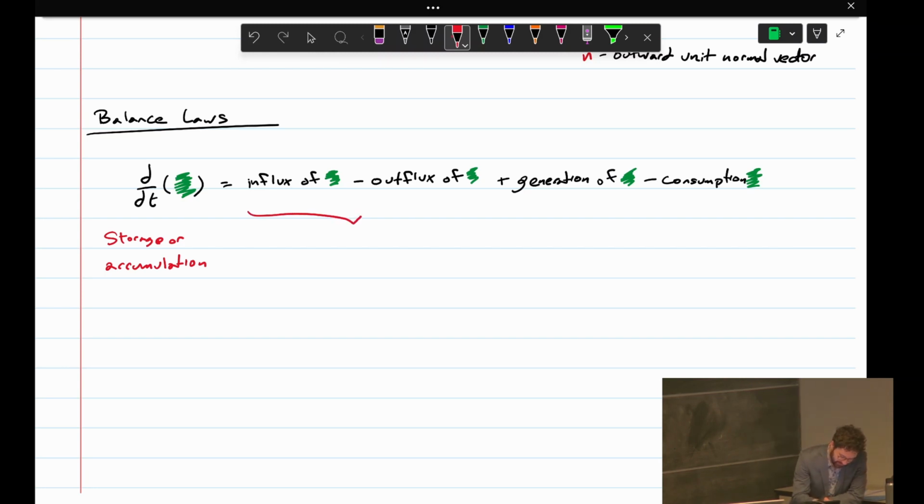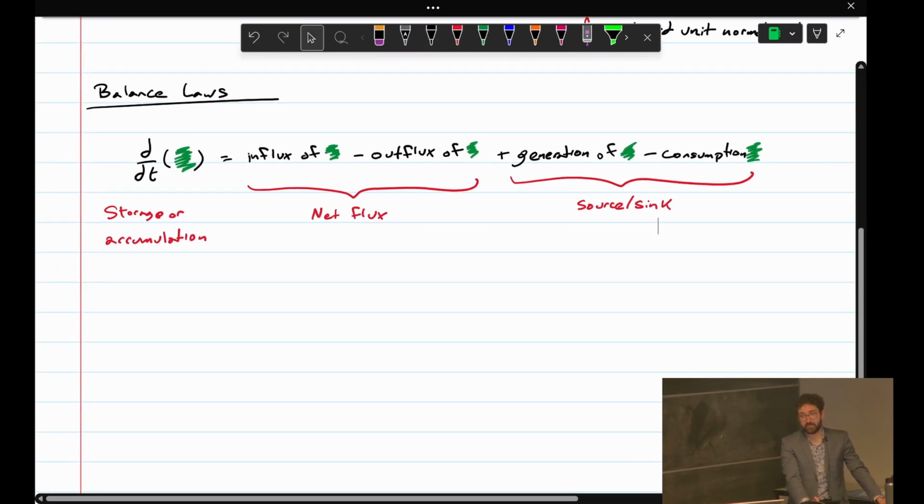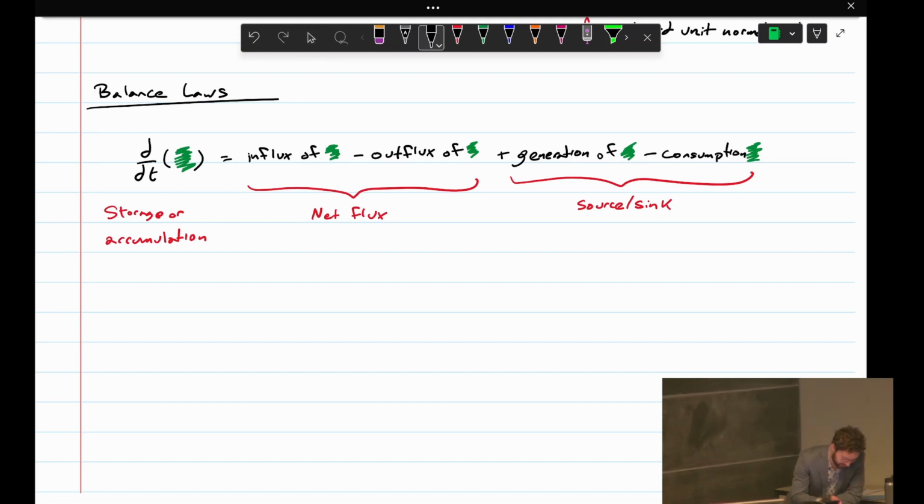The influx minus outflux, we can think of that as a net flux. This generation, consumption, you can think of that as a source or a sink. So source and sink terms. So that's a balance law. There are many things that are governed by balance laws, but a more strict type of law is a conservation law.